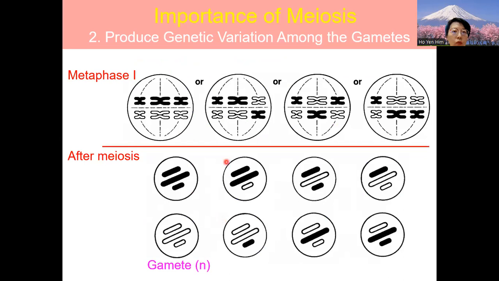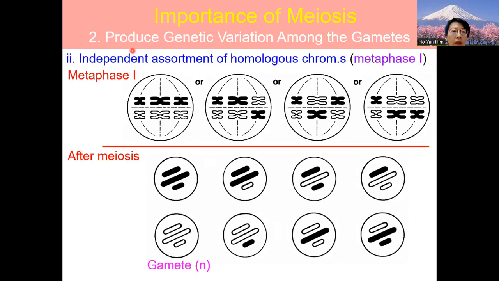So next, number 2, how meiosis produces genetic variation among the gametes by independent assortment of homologous chromosomes during metaphase 1. During metaphase 1, the pairs of homologous chromosomes will line up at the equator. Now, each pair of them has got 2 ways to line up at the equator, right?